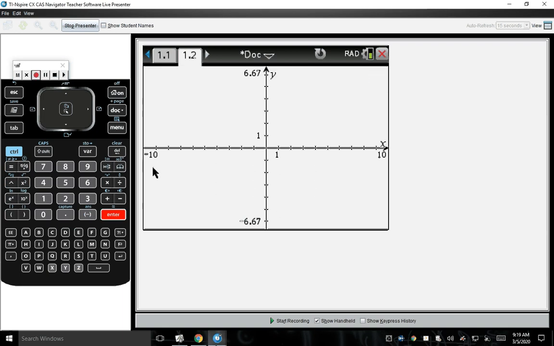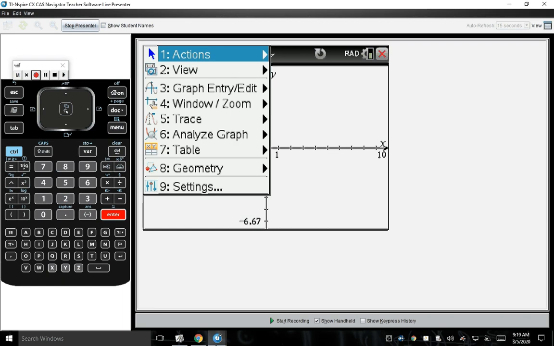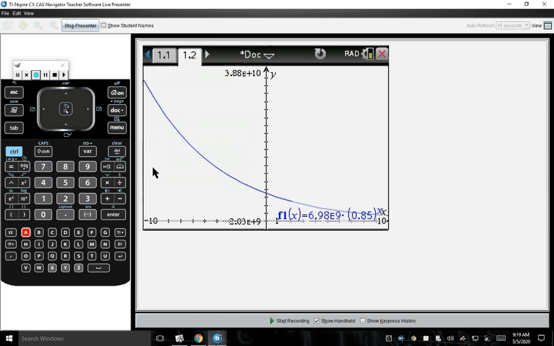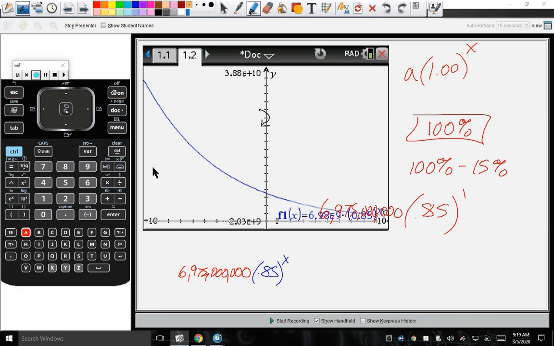Whatever the graph looks like, I can't see it. But if I press menu and I'll go to zoom and I try to fit it by pressing A on my calculator, it will try to fit as best as possible this model. And look at these numbers. These numbers are ridiculous as far as what they represent.